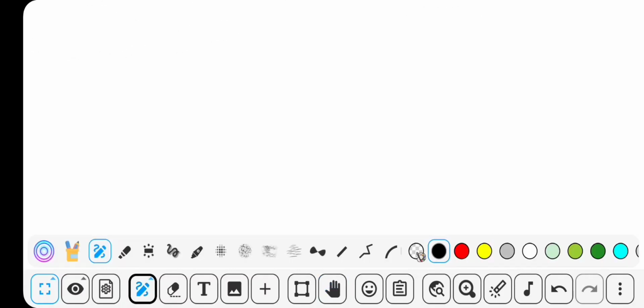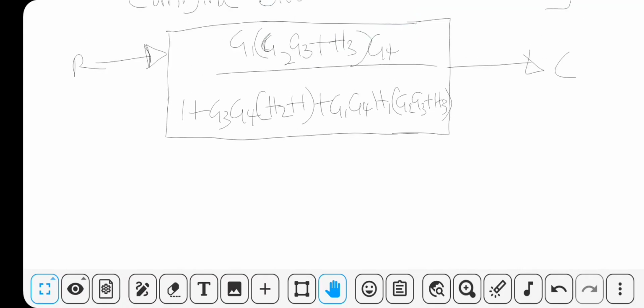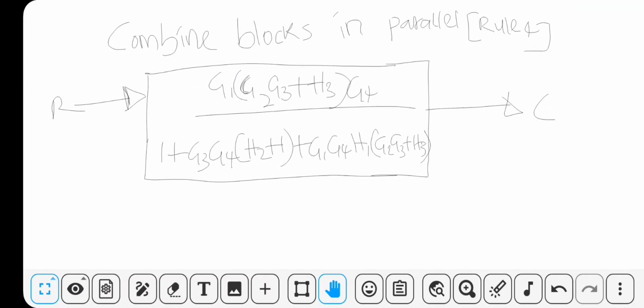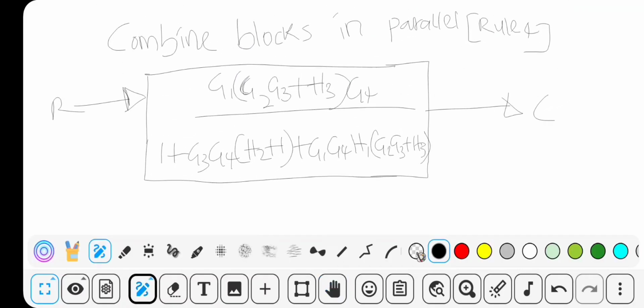Now we can get the transfer function from here. Transfer function, output over input, is equal to this value.